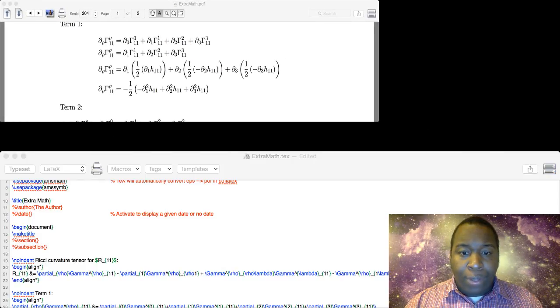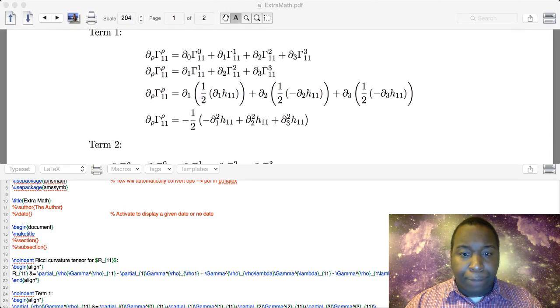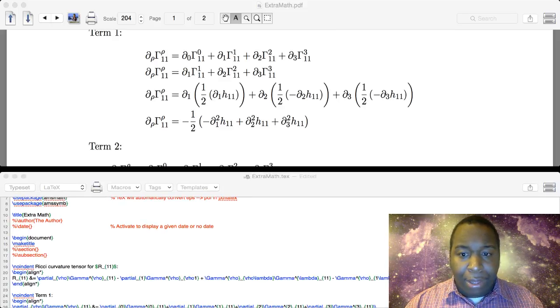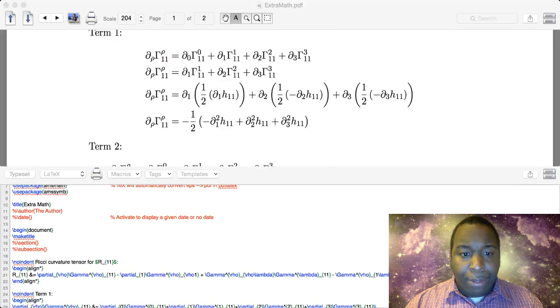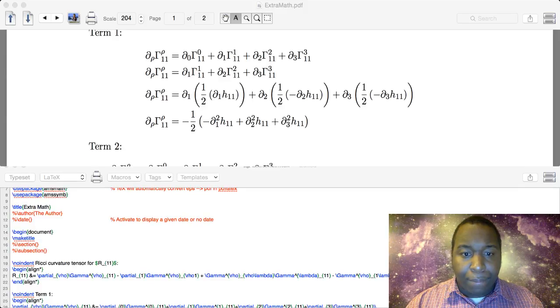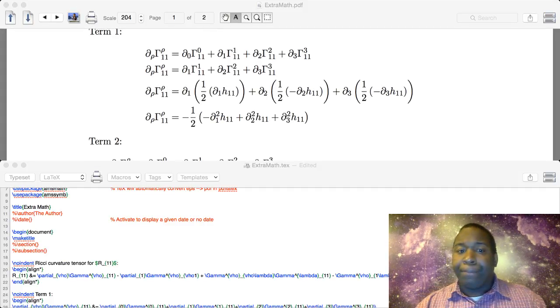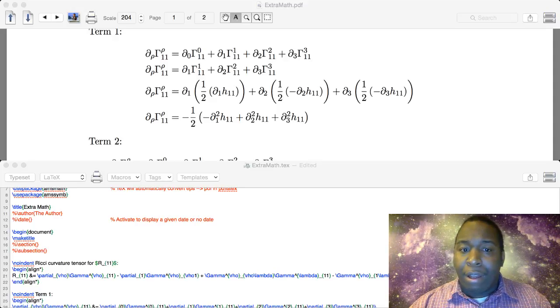And so what we're seeing in this document that I'm loading up here on the screen is the extra bit of math that's going to be required to solve this problem. All right. And this is going to basically solve for all the other terms.